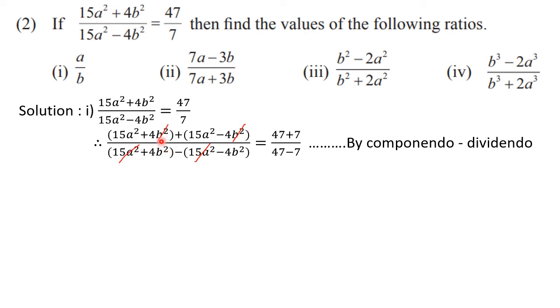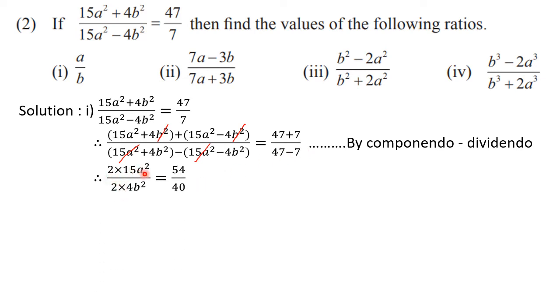So in the numerator, the second term is cancelled, and in the denominator, the first term is cancelled. Because we don't want b in the numerator and we don't want a in the denominator. So accordingly, by using componendo dividendo, we have cancelled them. Okay. Then here, 47 plus 7, that is 54, and 47 minus 7, that is 40.